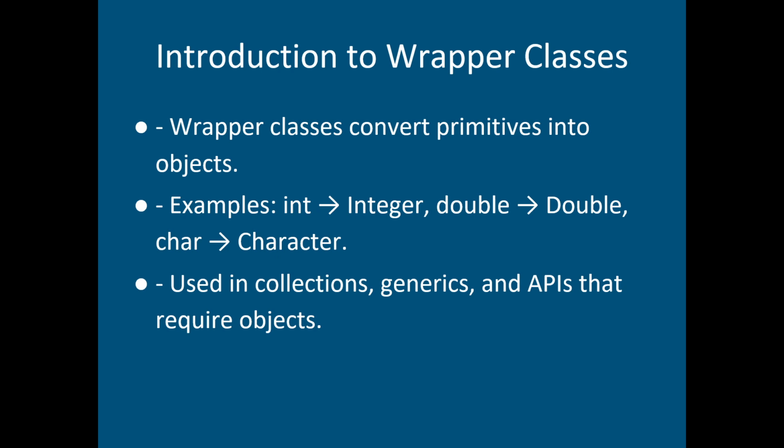For each and every primitive data type, a corresponding wrapper class object is already there. For int we have Integer, for char we have Character. Whenever the scenario comes up that you need to use a wrapper class object, you have to go for this kind of concept.